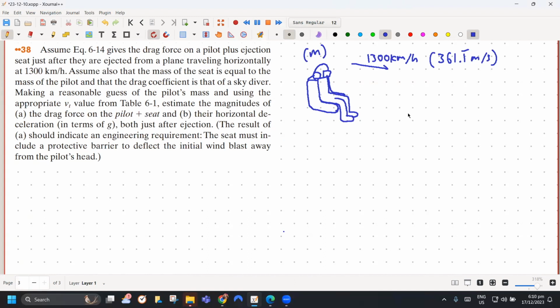Now, we don't know what the drag coefficient is, but let's assume it is equal to that of the skydiver.